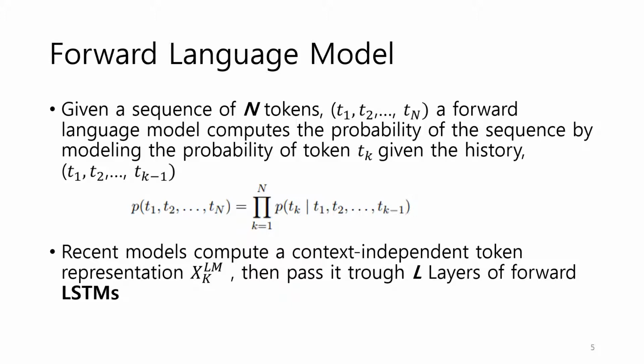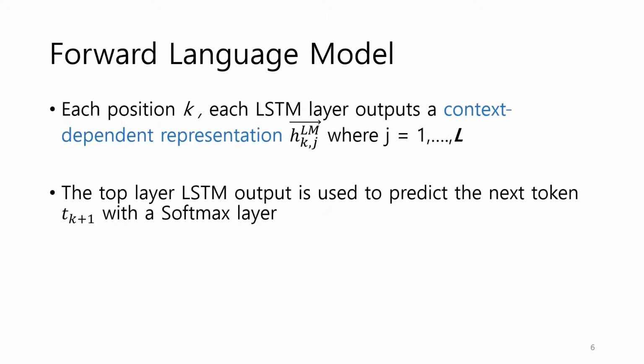That is what the forward language model computes. At each position k, each LSTM layer outputs a context-dependent representation, and the top layer LSTM output is used to predict the next token with a softmax layer.